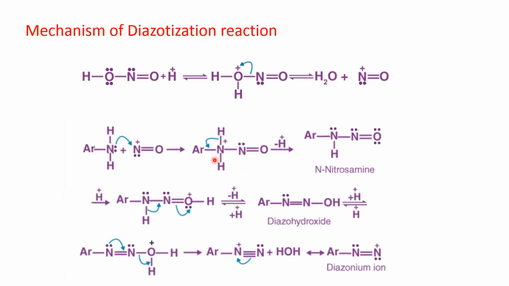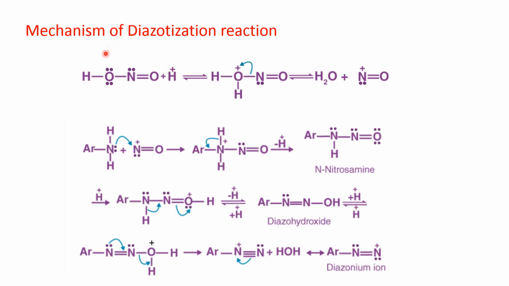Now, let's see the mechanism of the diazotization reaction. Here it is nitrous acid, which is generated by sodium nitrite and hydrochloric acid. This is nitrous acid, and the medium is acidic. Now what happened?